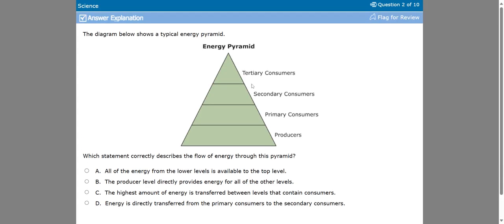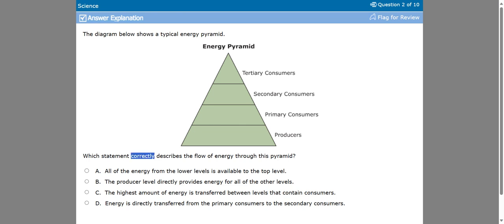The next question has an energy pyramid here. We're encouraged to look at how this is set up and the flow, meaning either from top to bottom or from bottom to top. And so we are really looking at the information that's given, and it says which statement correctly describes the flow.